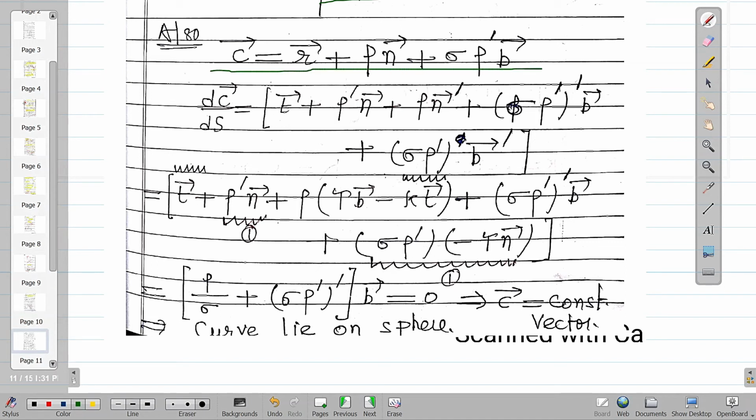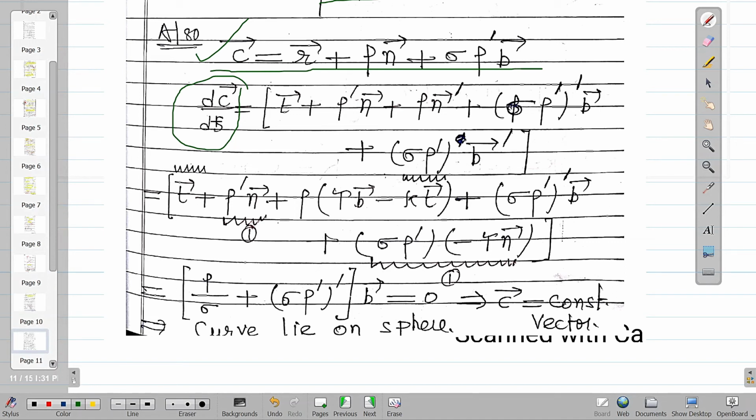We have already done many properties, many equations. Now differentiate this with respect to S. So we get the derivative with respect to S. Now when we differentiate, we get these values.